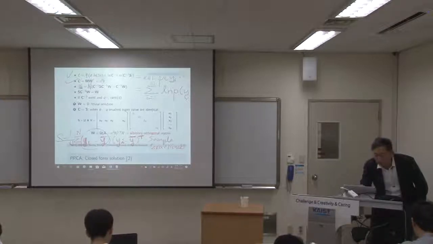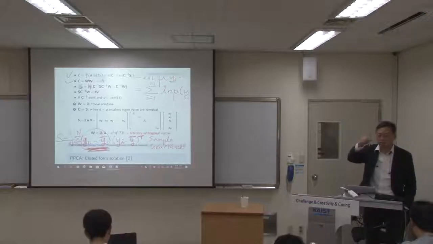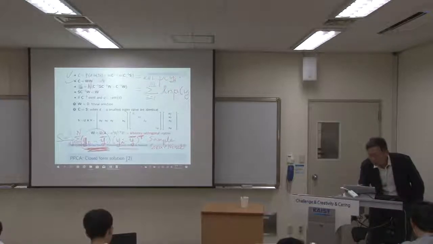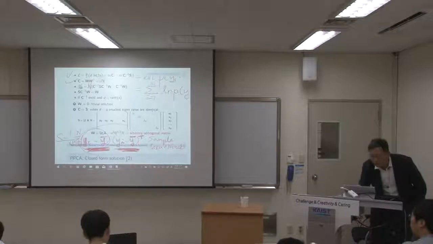What dimension is this? This is a d-dimensional column vector. This is a d-dimensional row vector. This one gives you a matrix, d by d.